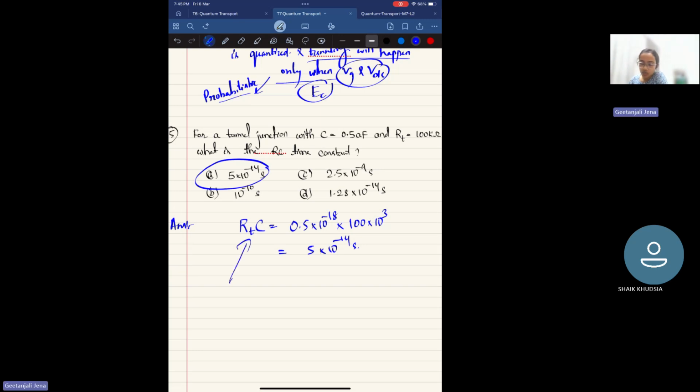So what does this RC time constant physically signify? This time constant is on a time scale. It indicates the characteristic time between two successive tunneling events. Okay, so this is the physical significance. It says the time between tunneling events.